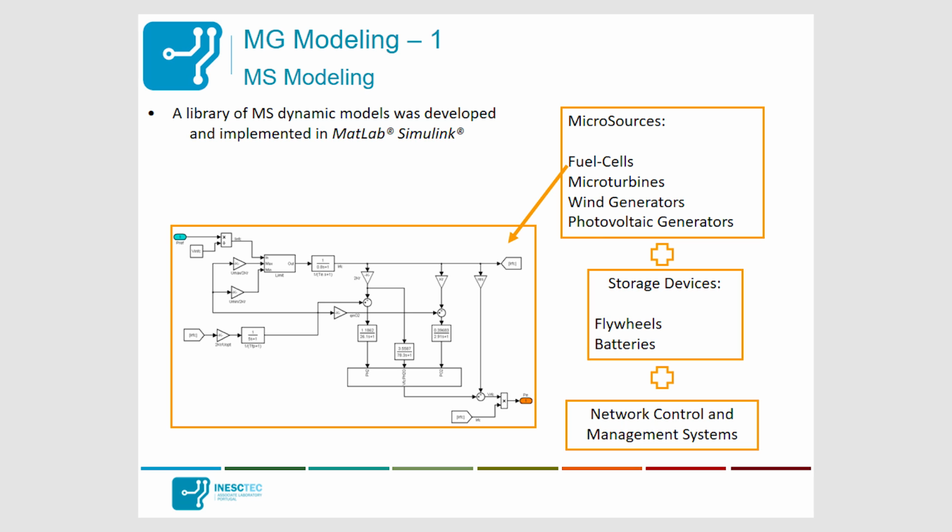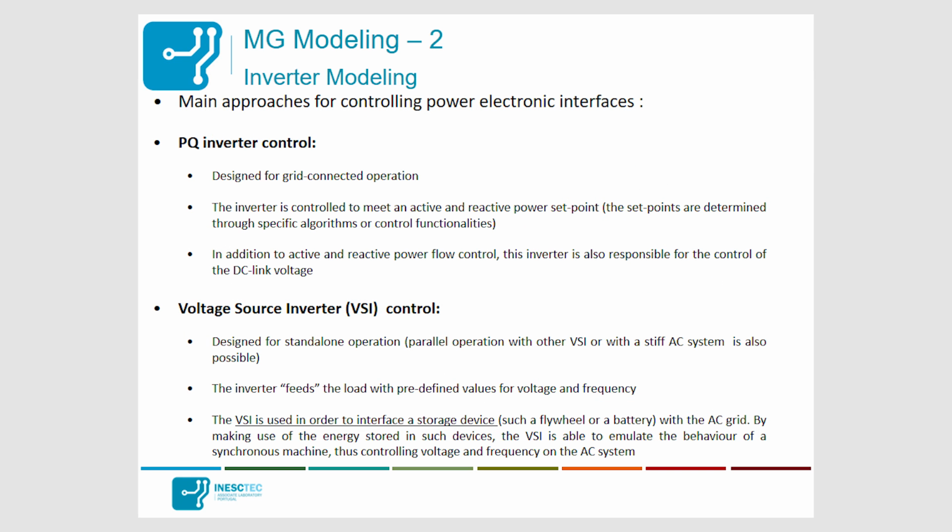So, in fact, as I said, we developed a library of dynamic models for different microsources, so fuel cells, microturbines, wind generators, PV generators, storage devices, flywheels, batteries, all the devices that can be connected at the level of the microgrid. They have been developed, and then it was necessary to start defining control approaches for the management of the power electronic interfaces.